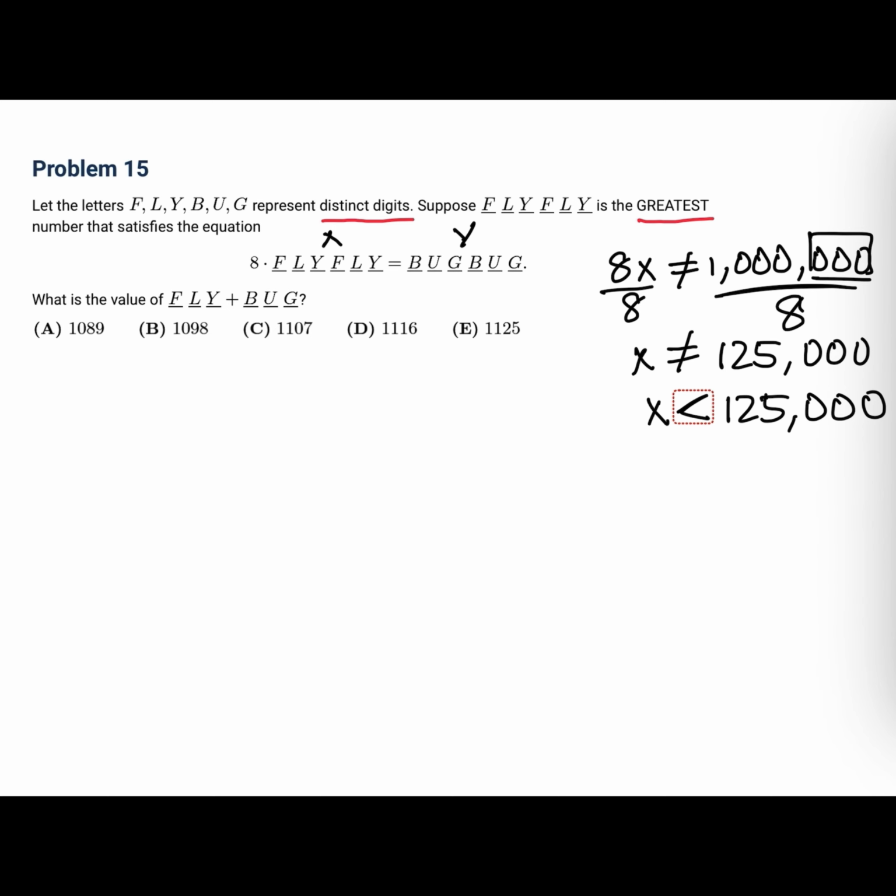Looking back at our equation, x has to be the first 3 numbers cycled around, so it's FLY. Since it can't be 125, since that would reach the limit, our next number would be 124.